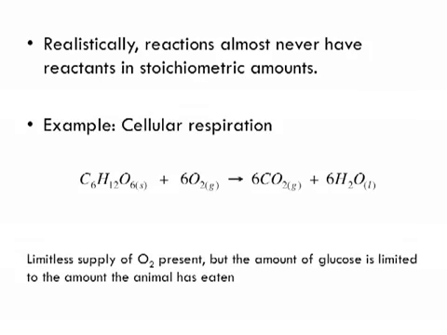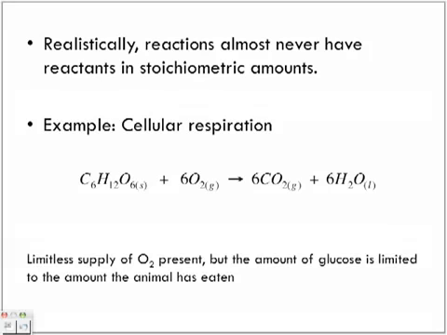So 1 molecule of glucose combines with 6 molecules of oxygen to produce 6 molecules of carbon dioxide and 6 molecules of water, which means that if we look back at the mole ratio, we have 1 mole to 6 moles to 6 moles to 6 moles. So we can treat it that way as well.